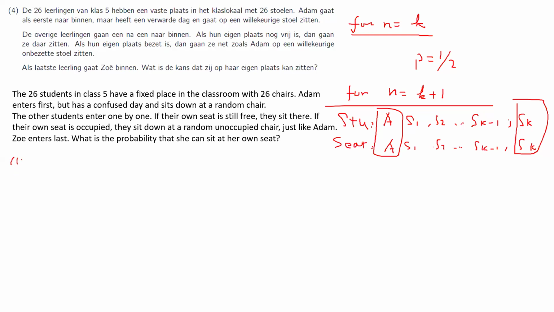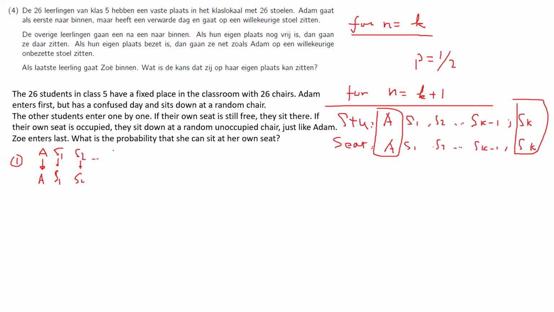Case one, when A selects his own seat, and we know that there's no other possibility, because then S1 will also select S1, and S2 will also select S2.